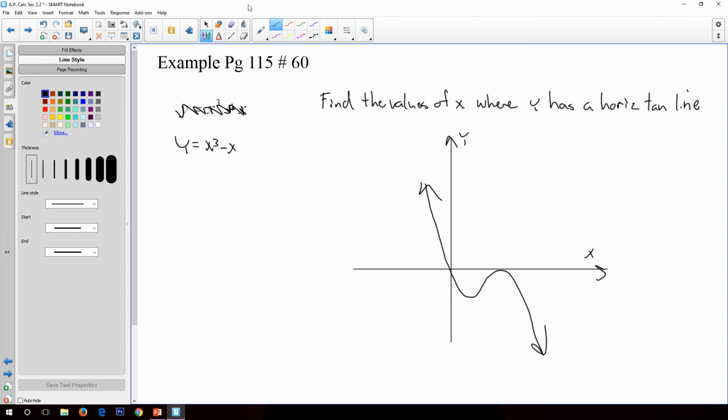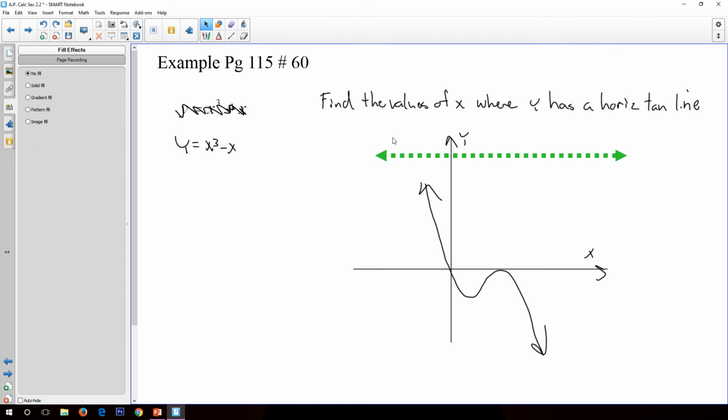Now, where does this thing have a horizontal tangent line? Well, if I make a horizontal line, where's the horizontal tangent line? Well, there's one, right? And where's another place where I'll have a horizontal tangent line? Well, there's another place. So finding the horizontal tangent line, at least the x values, tells me the x value where the function is either a relative maximum or a relative minimum.